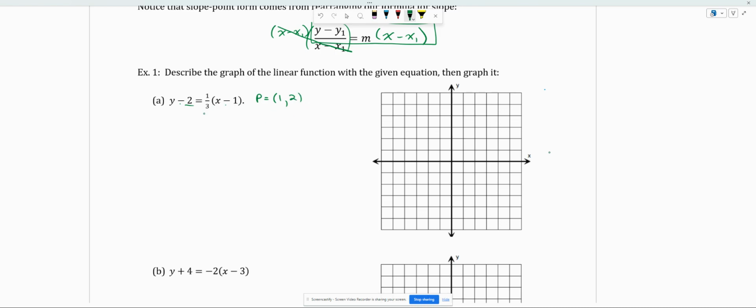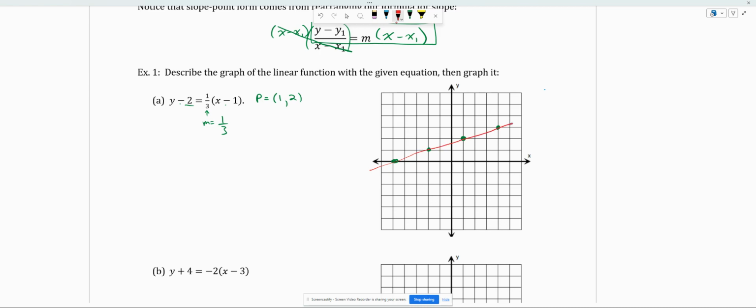So we have our point and our slope, where m is equal to 1 over 3. The way to do this is to plot our point first. We used to plot our intercept first with slope-intercept, but with slope point, we plot the point first. That's at 1, 2, which is right here. Just as before, we use our slope to get our next point. Up 1, to the right 3. I fall off the graph if I go that way, so let's reverse it. Down 1 to the left 3, down 1 to the left 3, and we get our line right here.